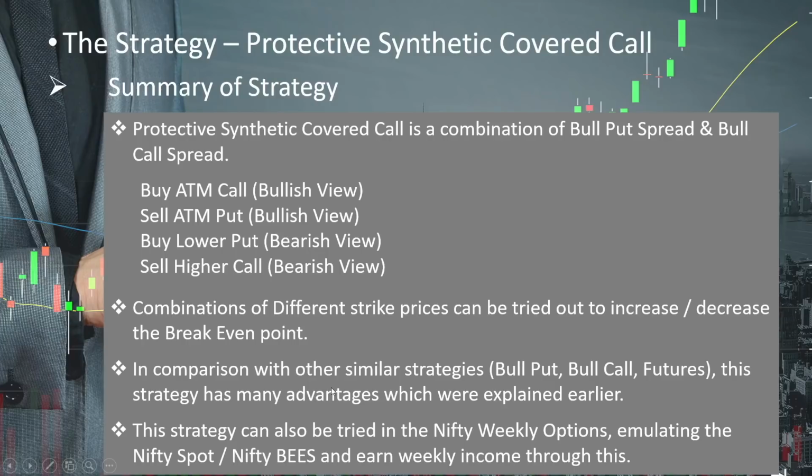And this strategy can also be tried in Nifty weekly options. You basically do a protective synthetic covered call on Nifty. Here we are doing it on Reliance stock or any other stock, but you can do this on Nifty. For Nifty, you can keep the Nifty spot value.